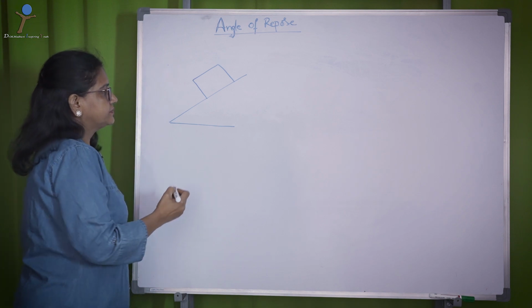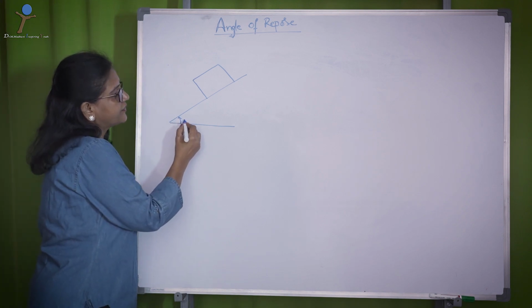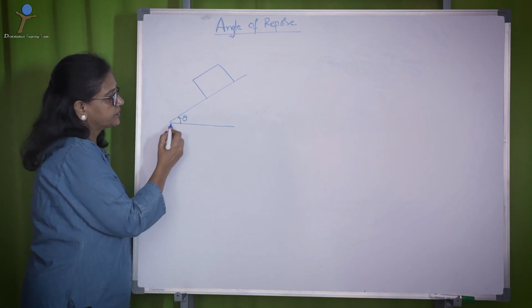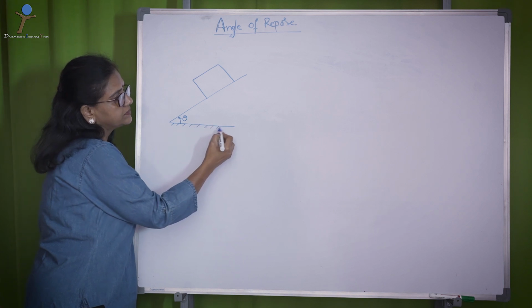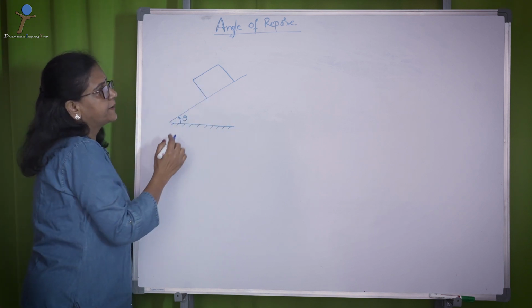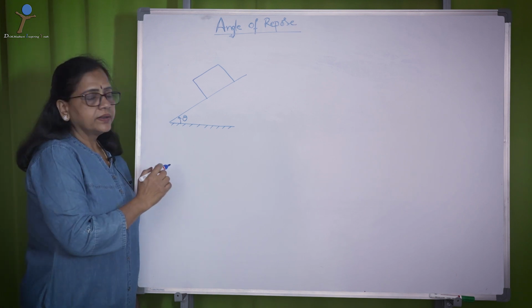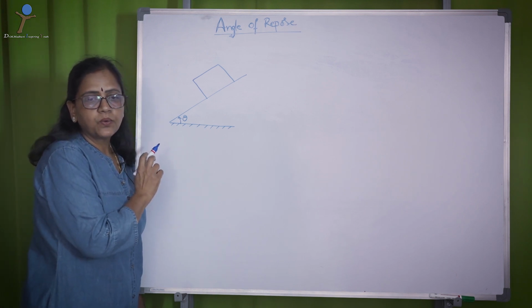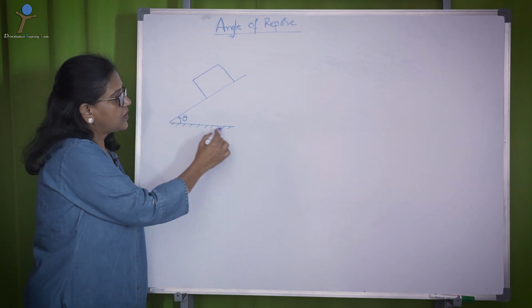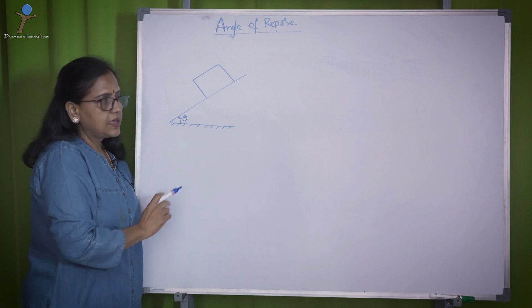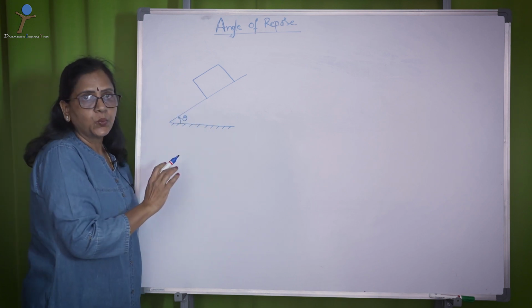It's a body, and the angle of inclination is theta. This is the ground and this is the body. Now, when theta is 0, the surface is horizontal and the body does not move.